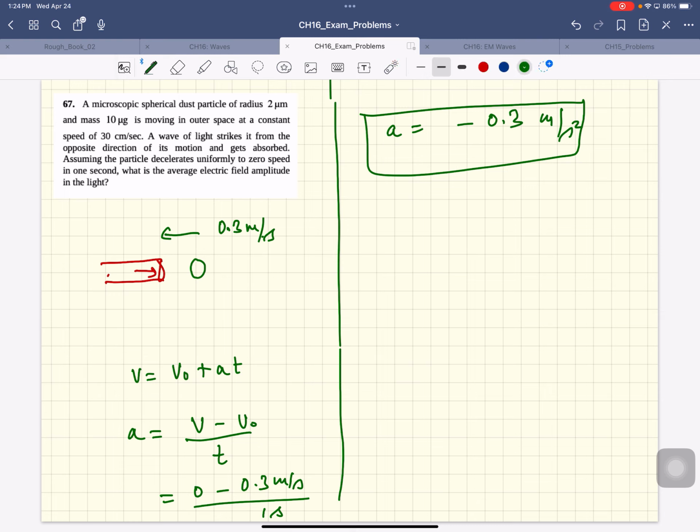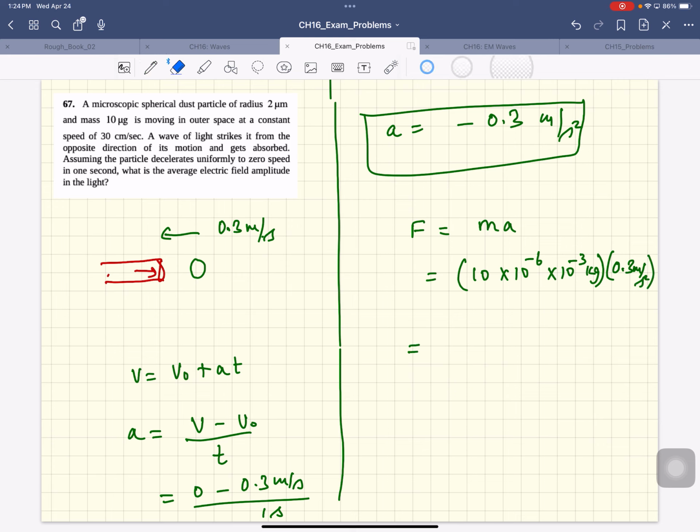So what is the force that must be exerted on the particle? Mass times acceleration. The mass of the particle is 10 micrograms, and each microgram is 10^-9 kg.